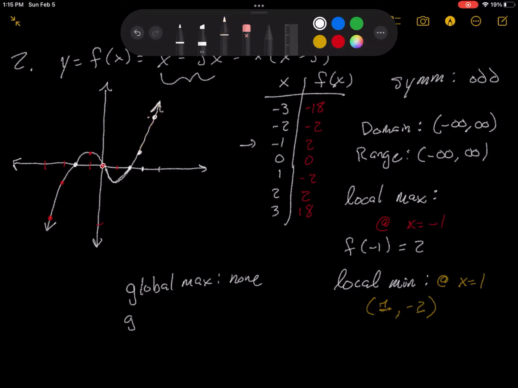And for the exact same reason, there's no global minimum either. This function is going to drop down as far as we want it to, right? The further we go in that direction, the more this function drops down. So there is no minimum value everywhere, but we do have some local extrema.